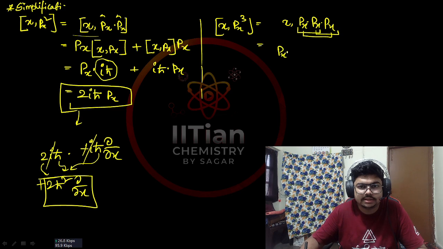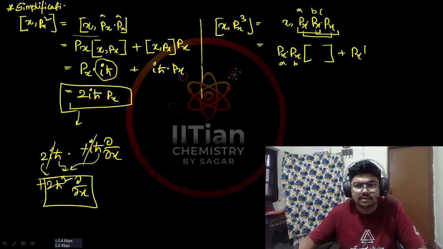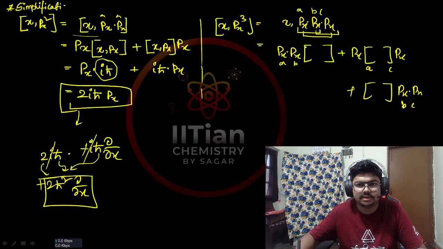So px dot px third bracket plus. If it is A, B, C, then first we have to write A, B, then A, C, then B, C.